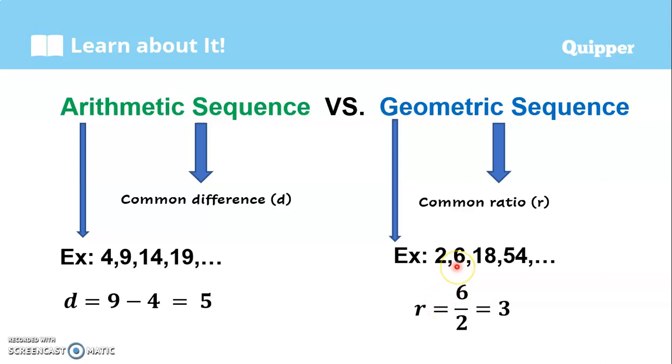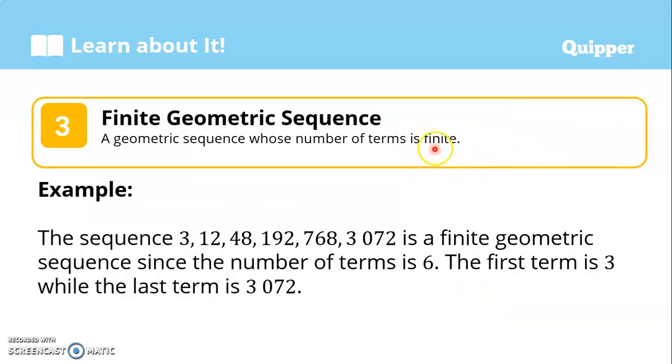However, if we divide 6 by 2, so we get 3. 18 divided by 6, that's also 3. 54 divided by 18, that is also 3. So there is a common ratio. So this sequence is a geometric sequence. Again, pag common difference, that's arithmetic. Common ratio, it's geometric.